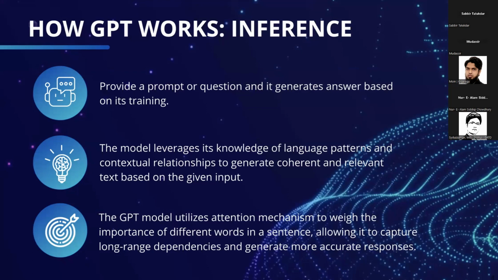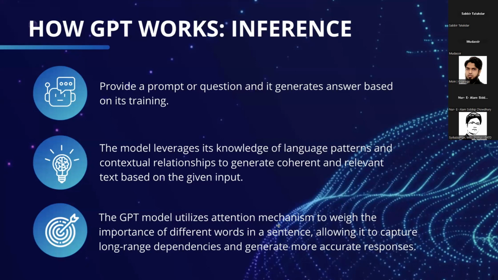One really interesting thing about the GPT model, if you have used ChatGPT, is that it is capable of producing human-like answers. That is probably the surprising thing. So why can it do that? The core mechanism that allows the GPT model or GPT-based application to do that is the attention mechanism.